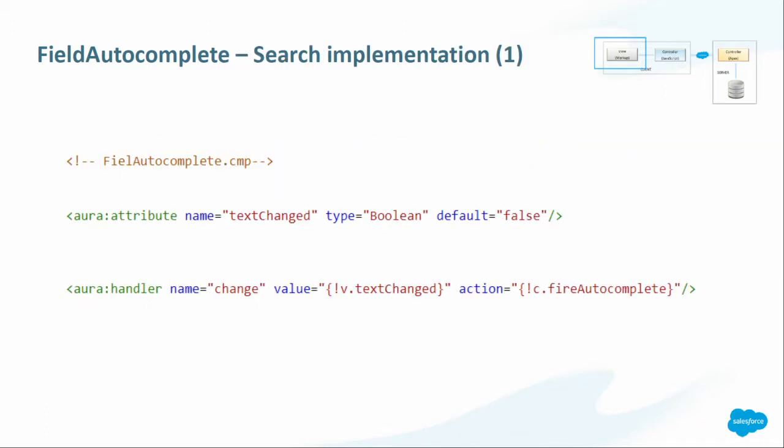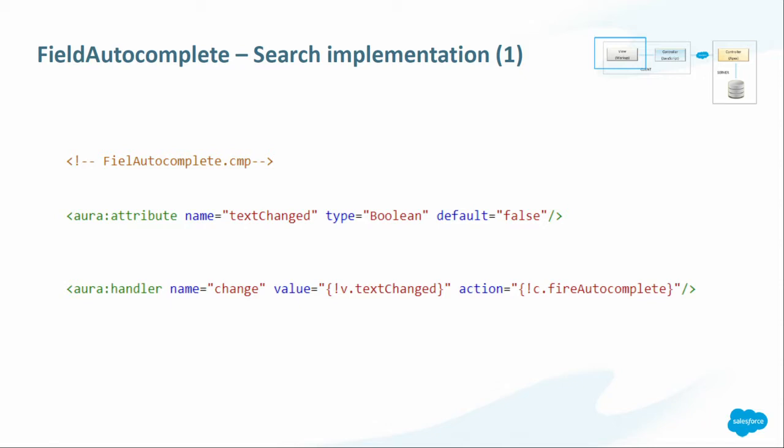Okay, so we've just defined the look and feel of the new custom component that we're creating, and so we already have the text input field, but now we need to add the functionality to be able to request searches on the back end by typing a string value within the text field.